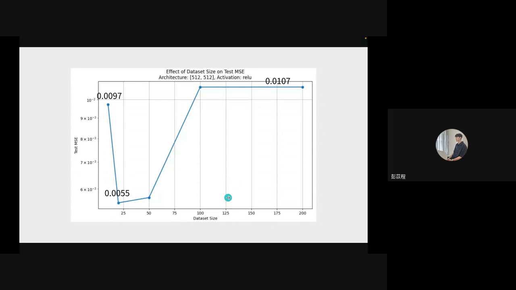The values are already on the figure. For M equal to 100 and M equal to 200, we encountered NaN loss during training. So the final test MSE still reports roughly 0.0107, which is larger.